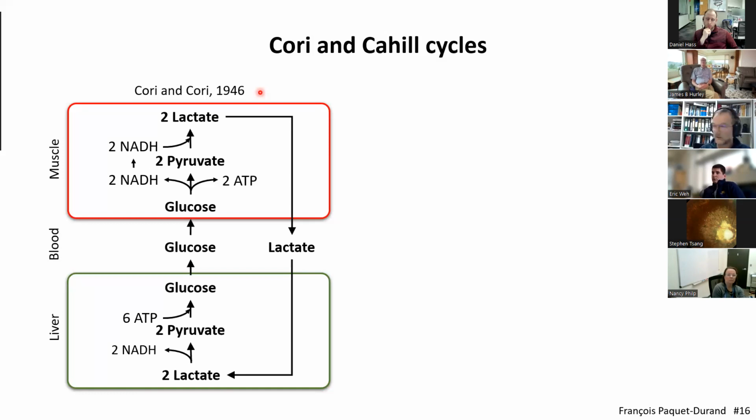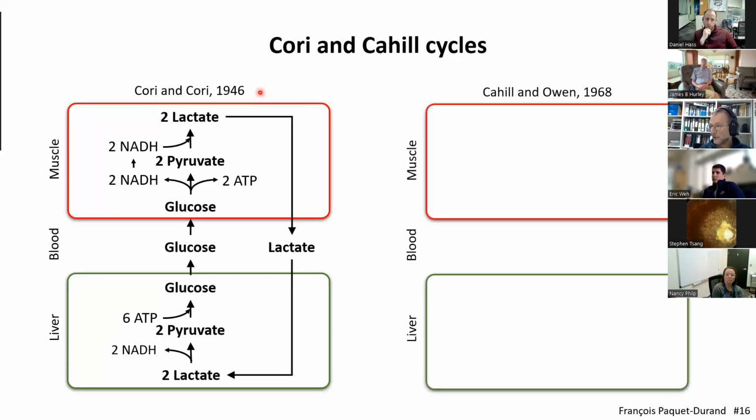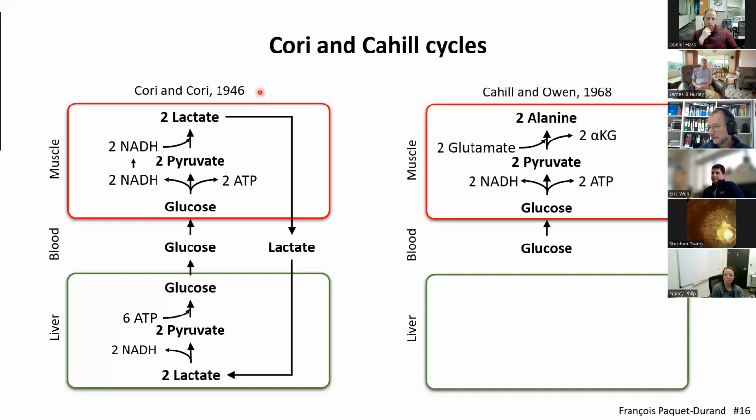Now, this was thought to be very important for energy production in the muscle, but in the 1960s, George Cahill came along, and he found that another cycle is actually more important, which was later called the Cahill cycle. Here, glucose is also split into pyruvate, but then instead of using the NADH to reduce the pyruvate to lactate, glutamate is used to transaminate pyruvate to yield alanine and alpha-ketoglutarate.